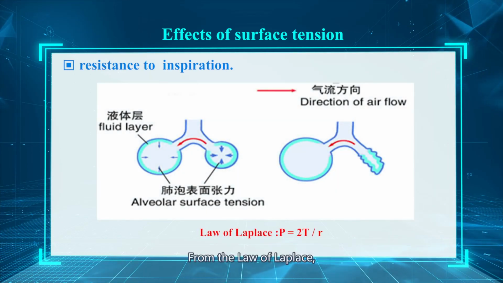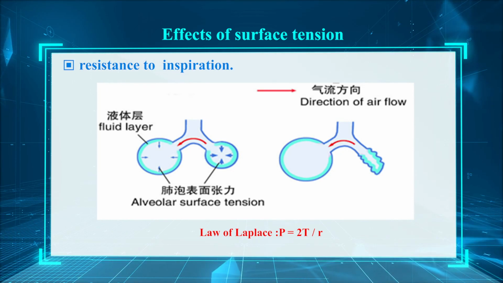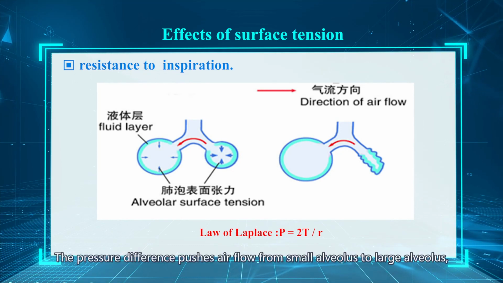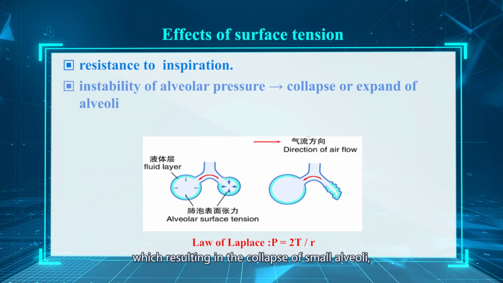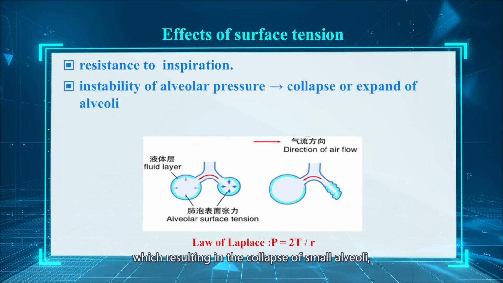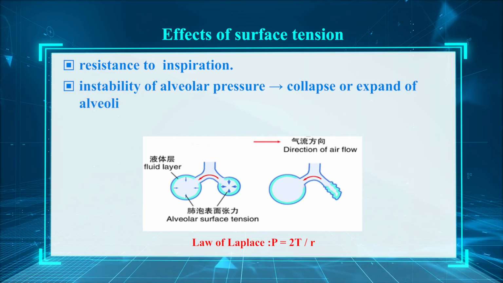From the law of Laplace, we can see that pressure in a small alveolus is higher than that in a large one. The pressure difference pushes air from the small alveolus to the large one, which results in the collapse of small alveoli, and the expansion, even rupture, of large alveoli.